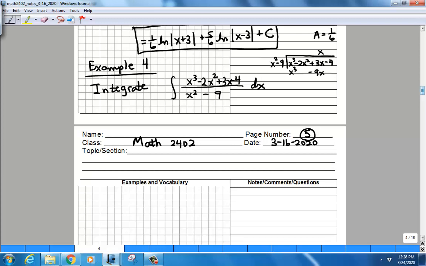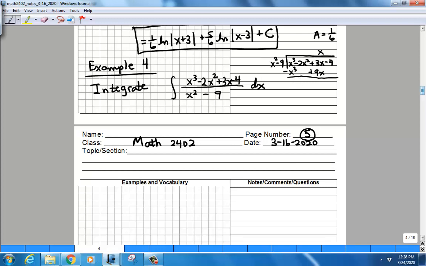So be sure you put the minus 9x here underneath the x term. Don't put it under the x squared term. Because now we have to subtract, right? Which is the same as changing the signs and adding, right? So you get, of course, x cubed minus x cubed is 0, right?